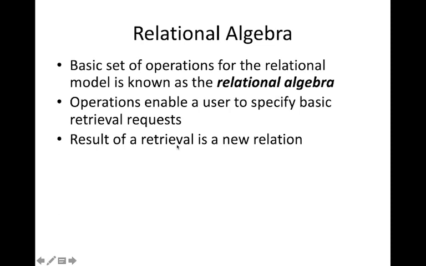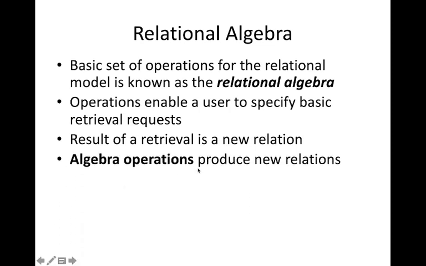The result of this retrieval is a new relation. So we will be retrieving information from a relation, and the result will be another relation. That is, when we extract some information from a table, we will get the output as a new table. So we have a relation, and when we perform some retrieval request, a new relation will be formed.